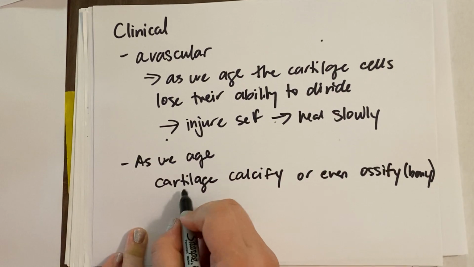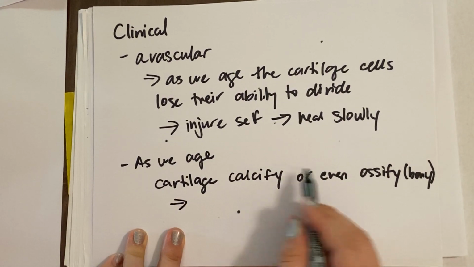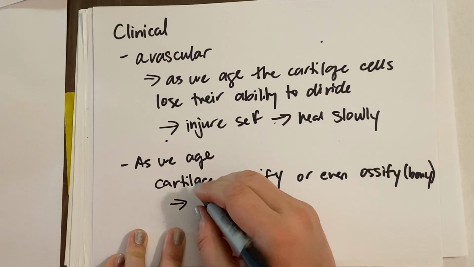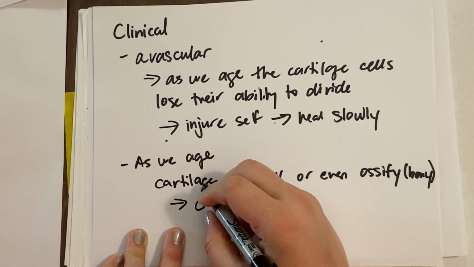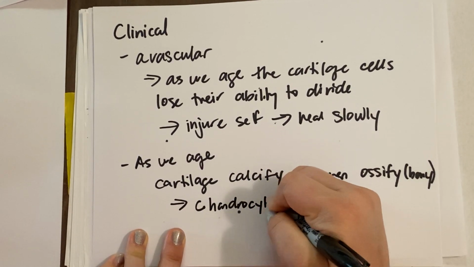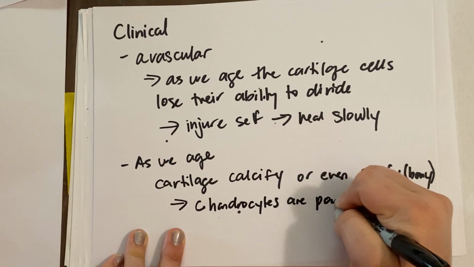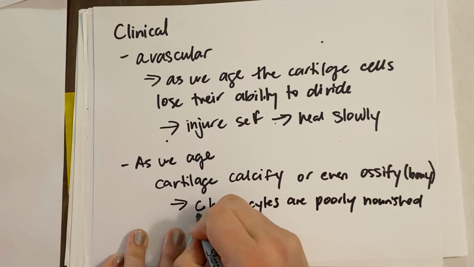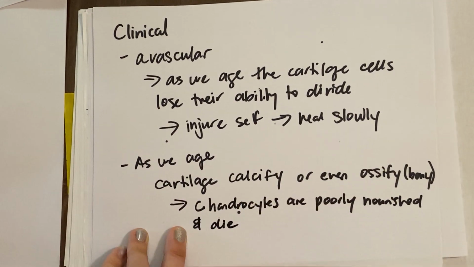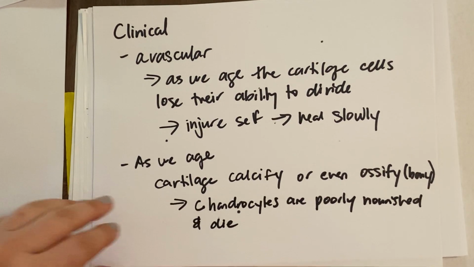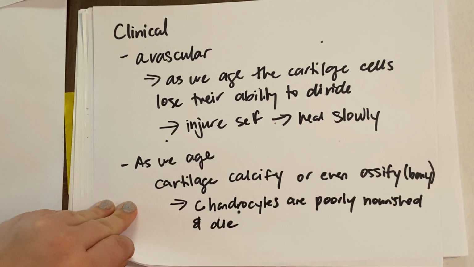And so when they do that, it interrupts the way that they normally absorb nutrients. And so the chondrocytes actually will be poorly nourished and ultimately die. Okay, and so that's going to be one of the things that happens with this type of material, with the cartilage. All right.